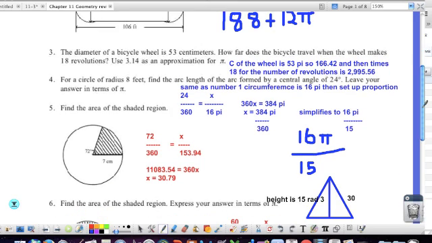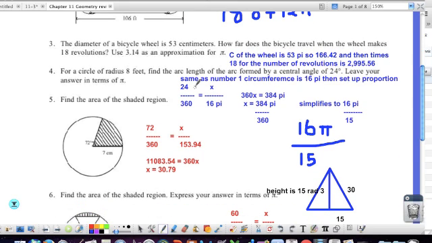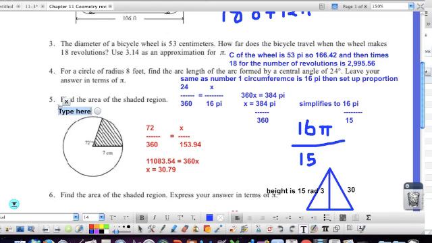For problem number 5, you want to find the area of the shaded region. This one didn't say, but I'm going to tell you on the test to round to the 100th. So 72 is the central angle over 360, and since we're finding area, x over the area of the total circle. 7 squared is 49 times pi.